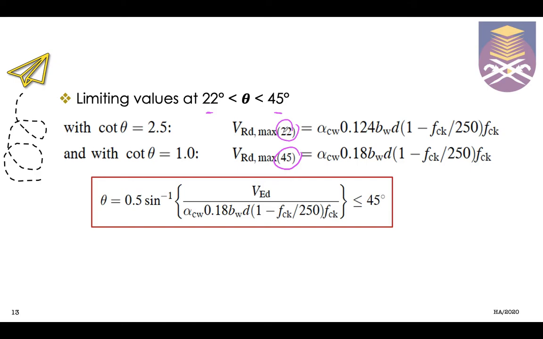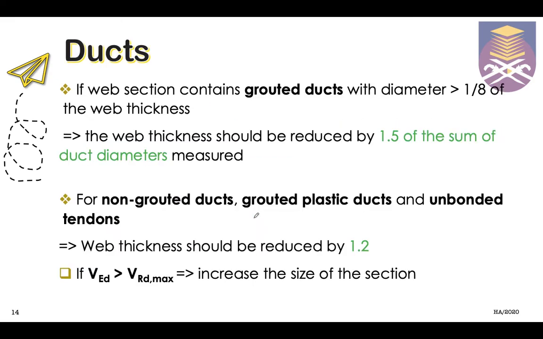If the value of VED is larger than the VRD,max value due to 22 degrees, we can recalculate the value of theta using this equation. Later I will show you in the flow chart where to calculate this theta value.